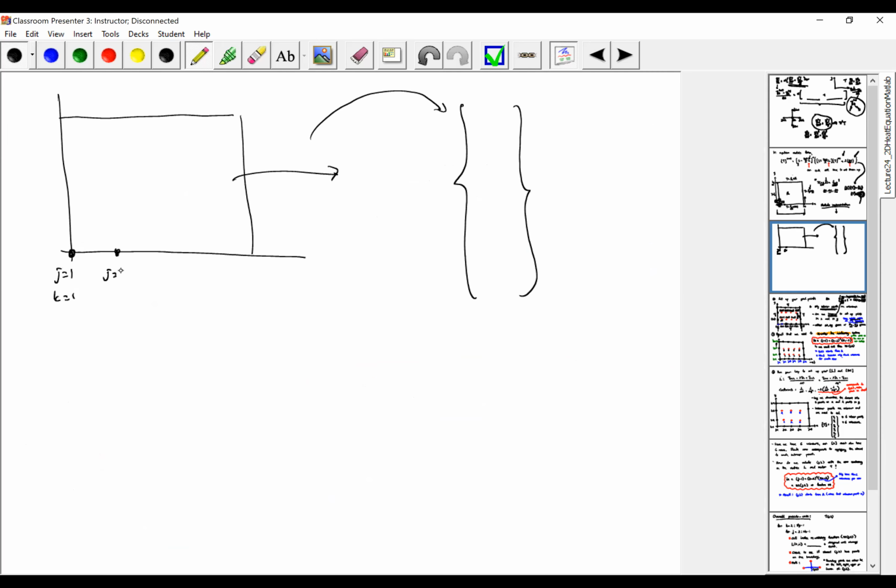This will be J2, K2, J3, K3, J4, K4, and let's say you have J equals 5, K equals 5. Then you have the second point where this would now be K equals 2. So this would be J2, K2, J3, K3, J4, K4.